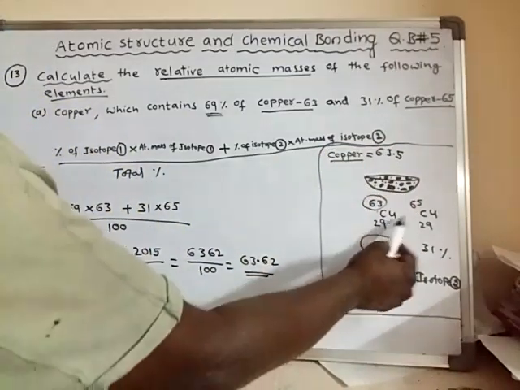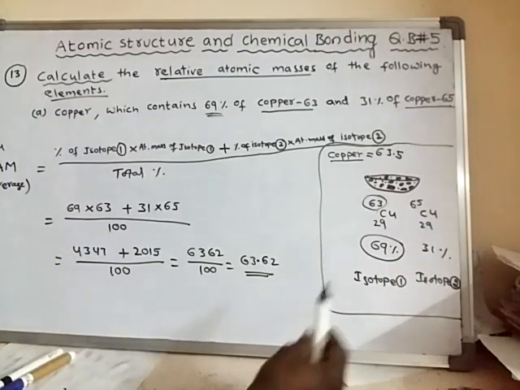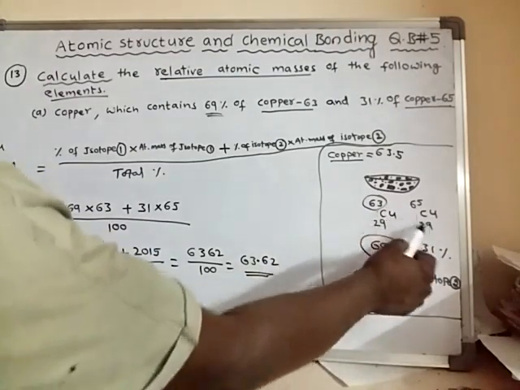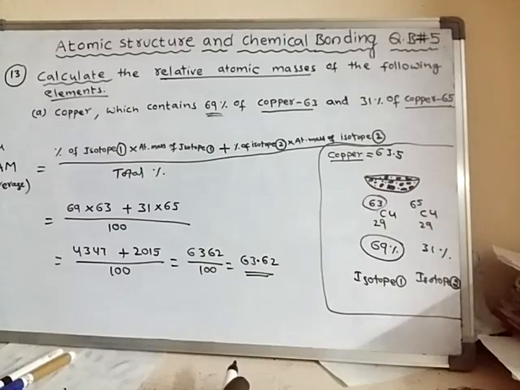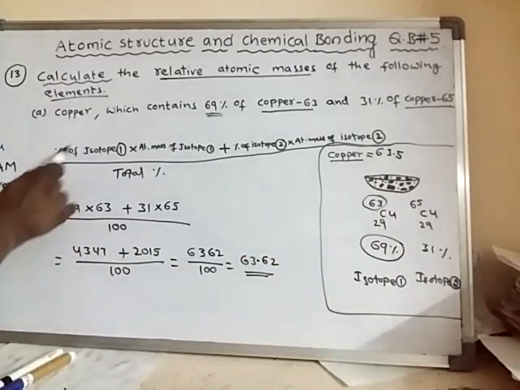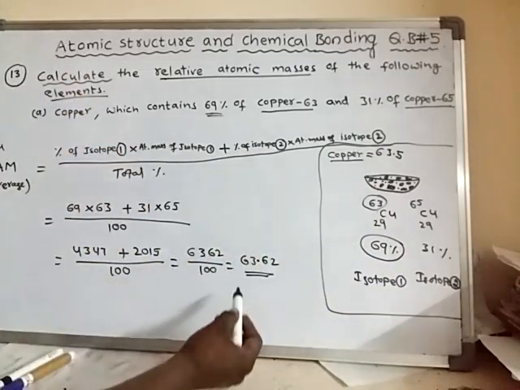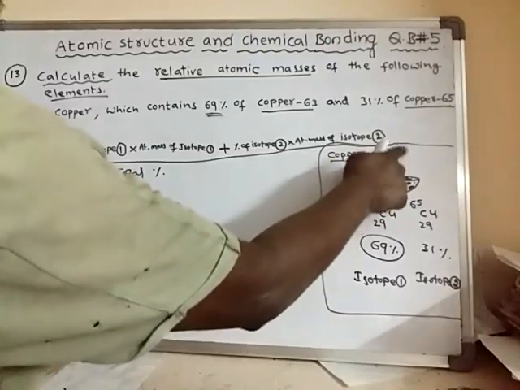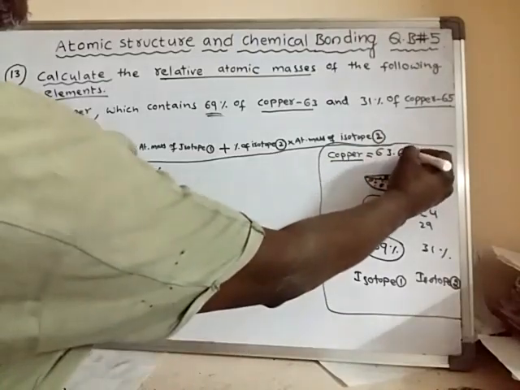As there are different types of copper atoms, we have to take the average of the masses of those copper atoms using this formula, and finally upon calculation we get the value.